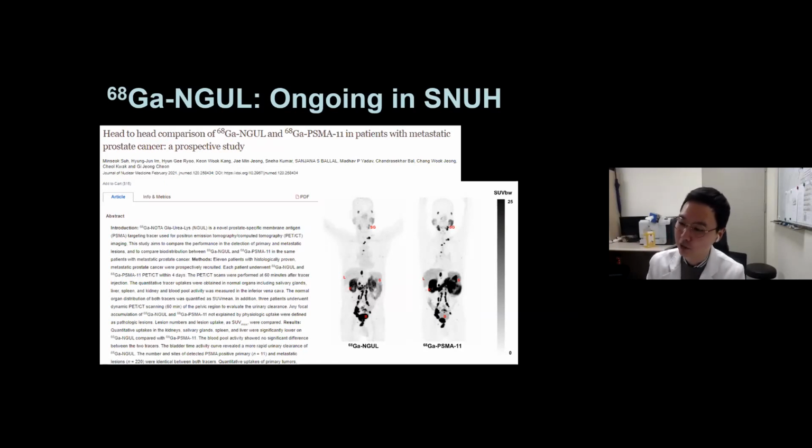Like for the therapy, we have now started the lutetium PSMA therapy for the first time as a clinical trial. And Lutathera was also recently applied for here. So we are quite a late follower for this novel targeting agent.